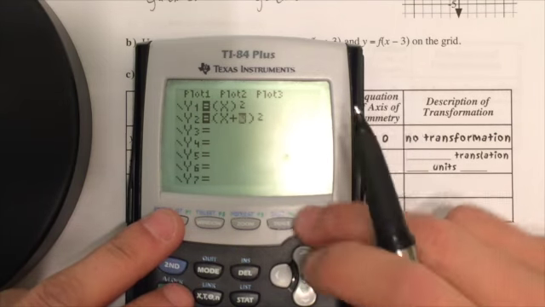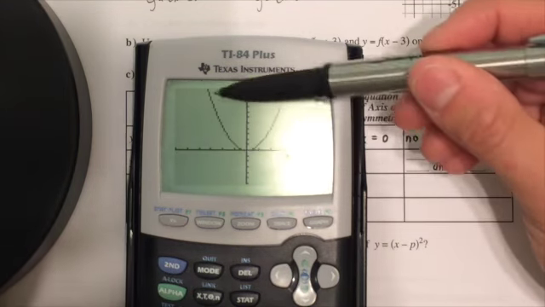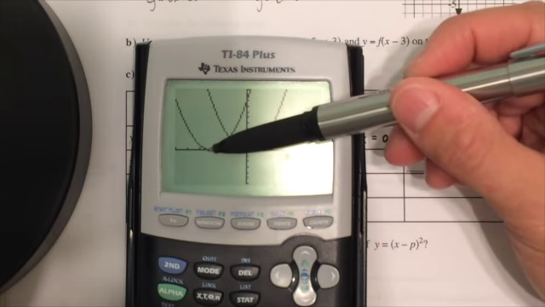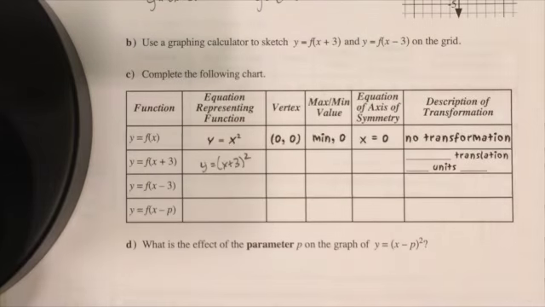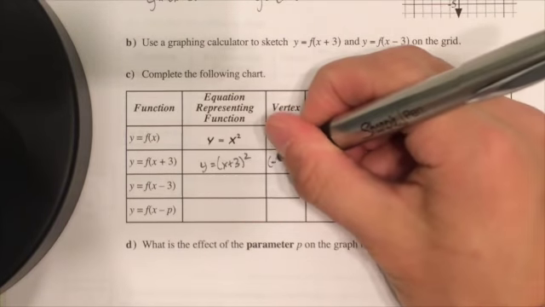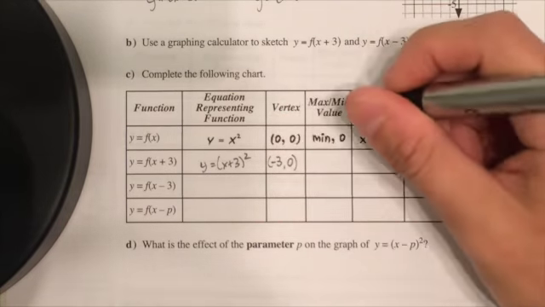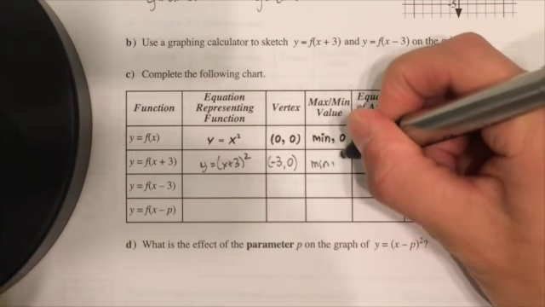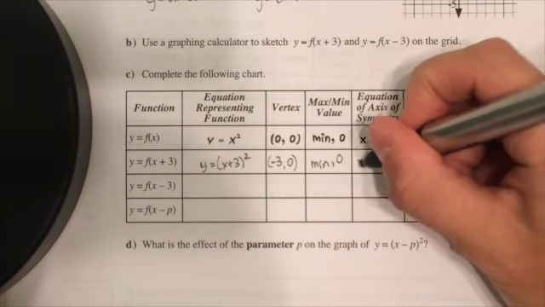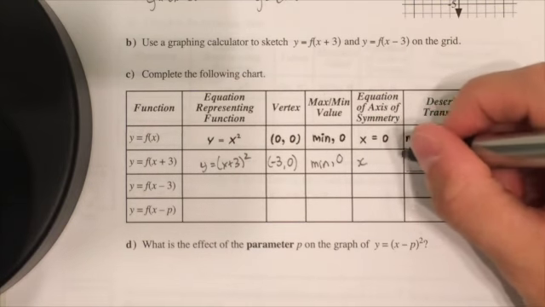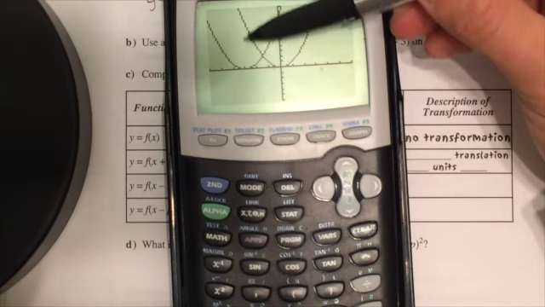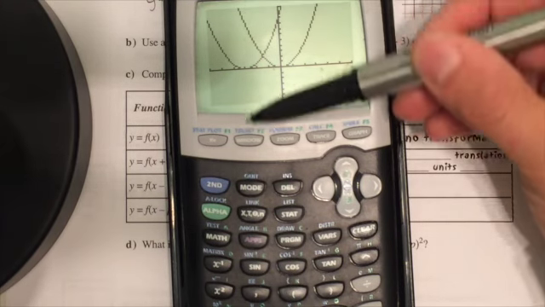But if we're using x plus 3, then our new graph is going to take the form negative 3 and 0. So our vertex is going to be negative 3, 0, and our minimum value is going to remain a minimum of 0, but our axis of symmetry is what changed. Now if we wanted to cut this graph in half, we'd have to draw a line right through x equals negative 3.